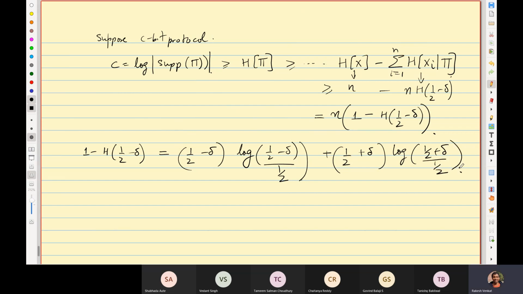Okay. So why am I writing it like this? For the simple reason that this is a well-known quantity that most of us would have seen before. Notice that you get half minus delta minus log. The divisor is what I've added in at every point. Of course, there's a negative sign. You can check that that just works as it is. So when I add in this divisor, this is nothing but something called the KL divergence between the uniform distribution, or rather, first I should write this.